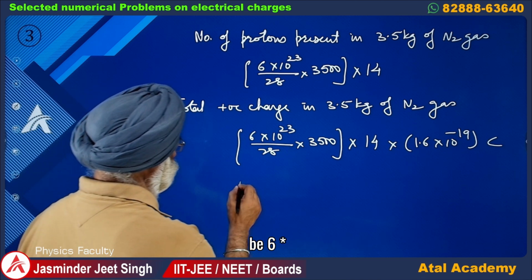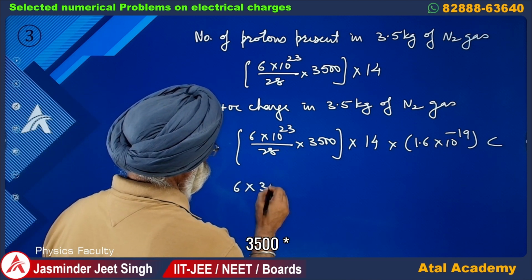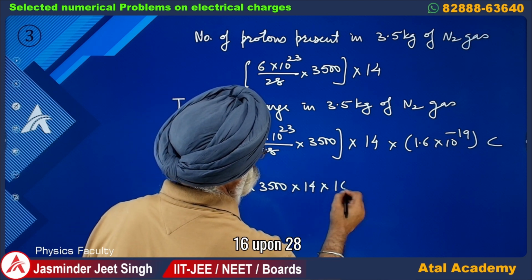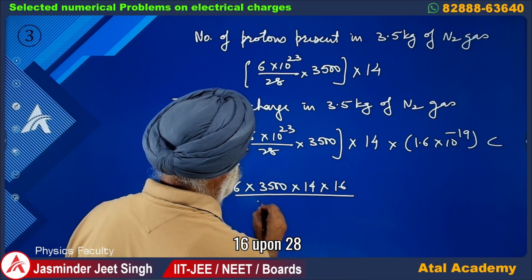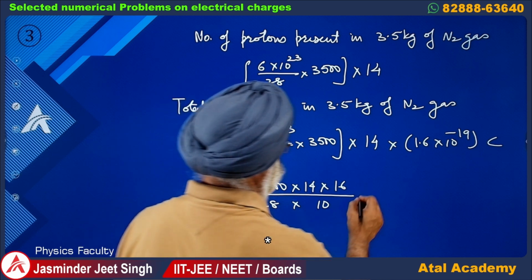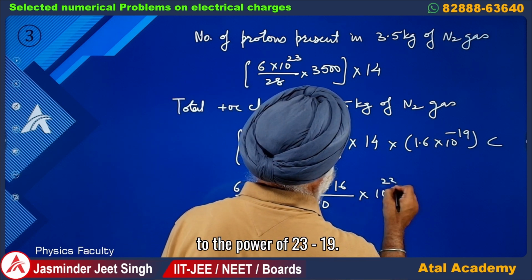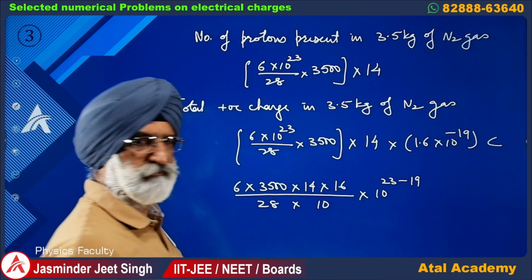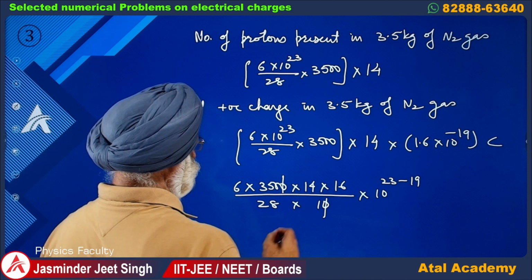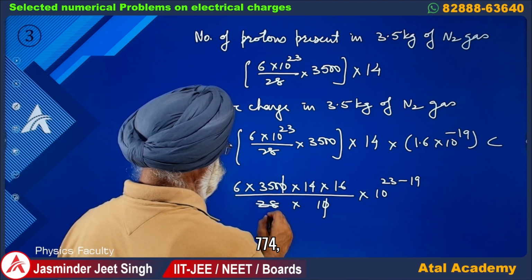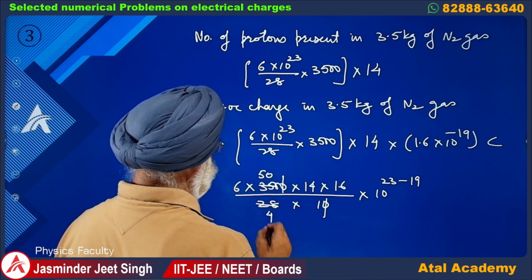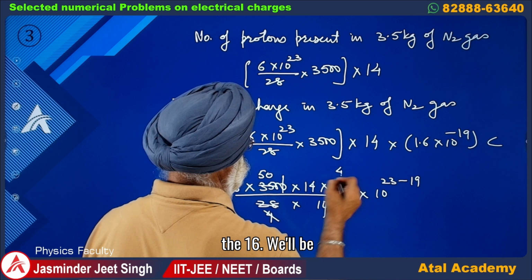If you solve it, it will be 6 into 3500 into 14 into 16 upon 28 into 10 into 10 to the power of 23 minus 19. If we solve it, the zeros will cancel, 7 4s are 28, 7 5s are 35, 4 4s are 16.